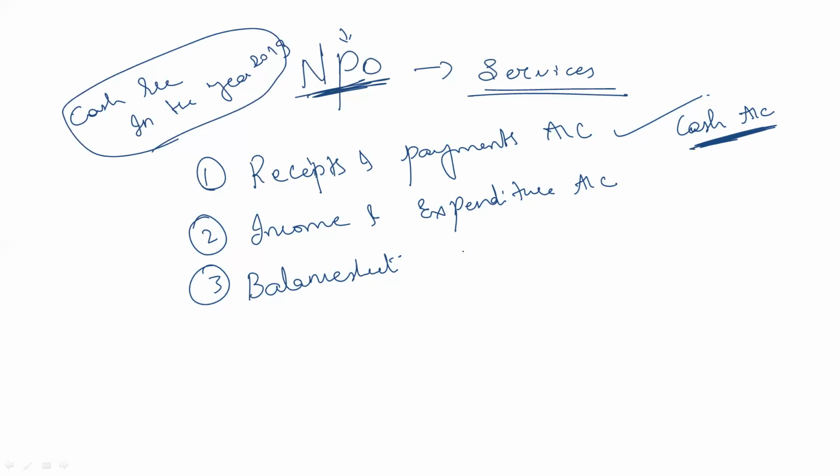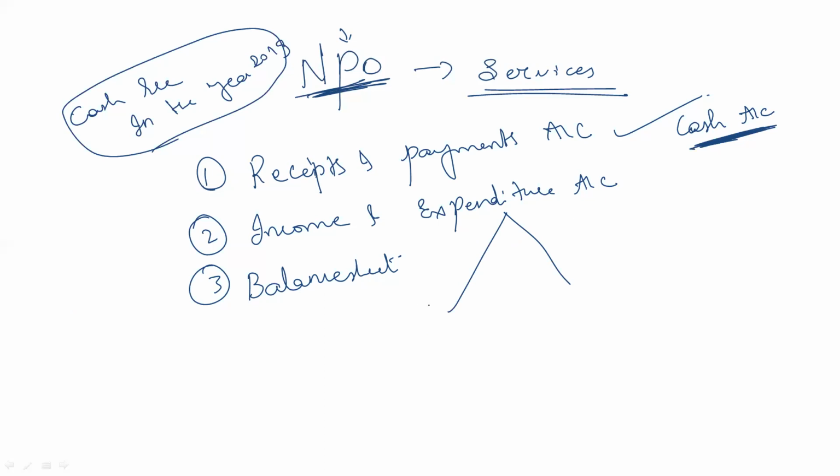Now coming on to income and expenditure account. In this account we record all the receipts or incomes and expenses of an NPO. Here we need to remember two things. Income and expenditure account is very similar to the profit and loss account of a trading or business organization.